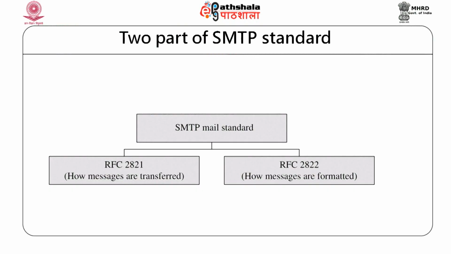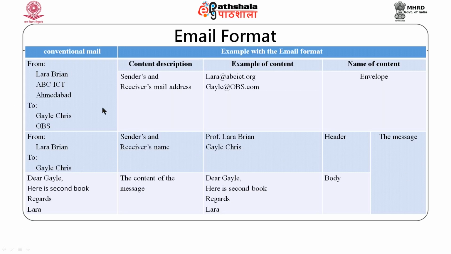The first one is RFC 2821. Actually it is an extension. It began with 821 and there have been a few revisions. Now we have RFC 2821, which is about the message transfer part, the commands and responses. RFC 2822 is about how messages are formatted, and you can see the message format on the screen.